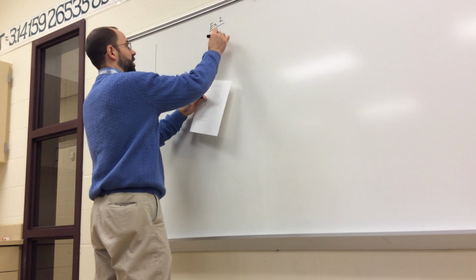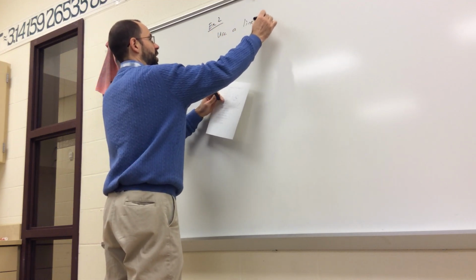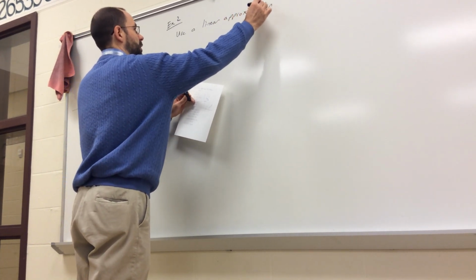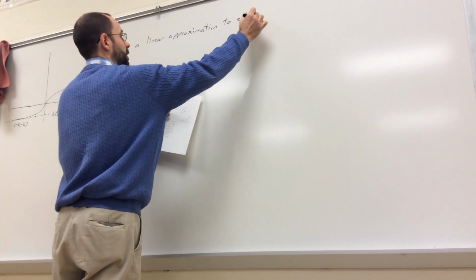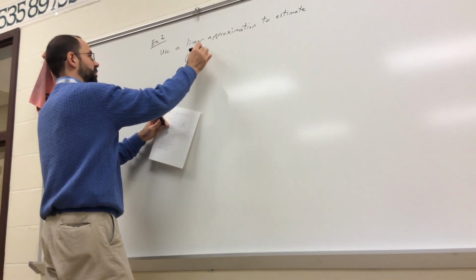All right, for example 2, we're going to use a linear approximation to estimate 1.97 to the 6th power.